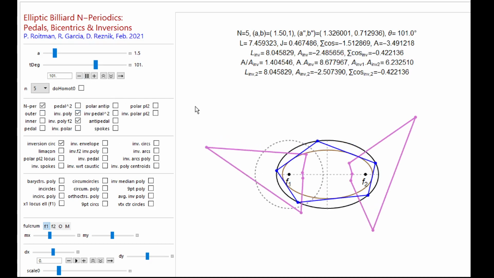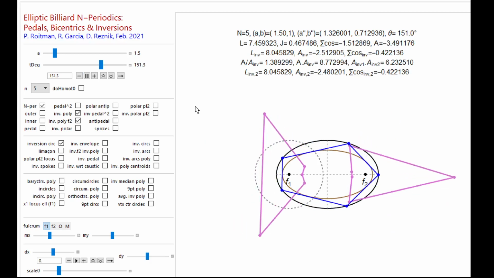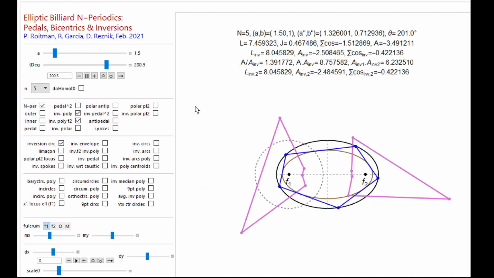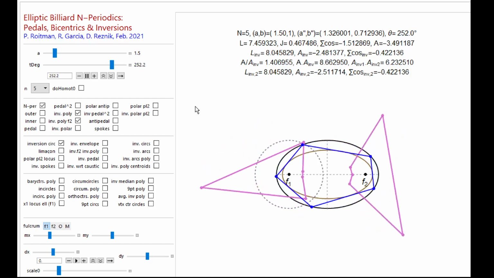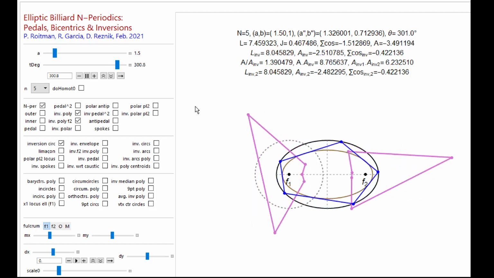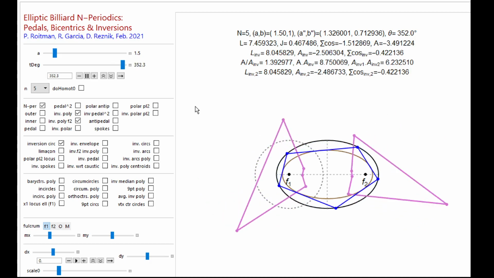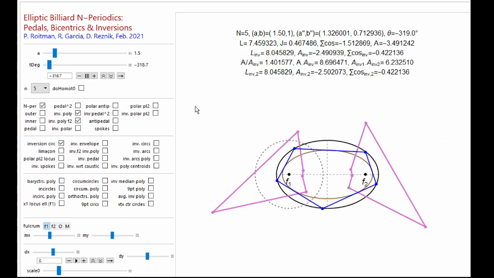So you see here the two inversive polygons. In fact, the product of their areas is constant if n in my n periodic is an odd number, but that's not germane to this video. You can see that these two inversive polygon families, they are really the same family, but they're sort of out of phase and mirrored about the y-axis. Okay, the product of their areas is constant.